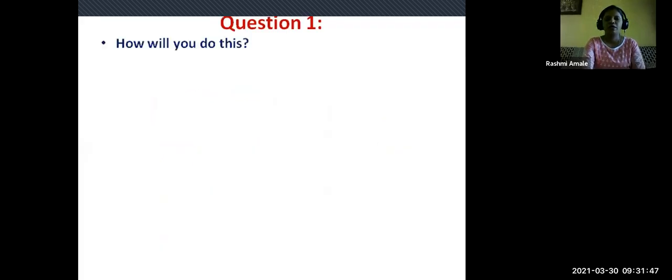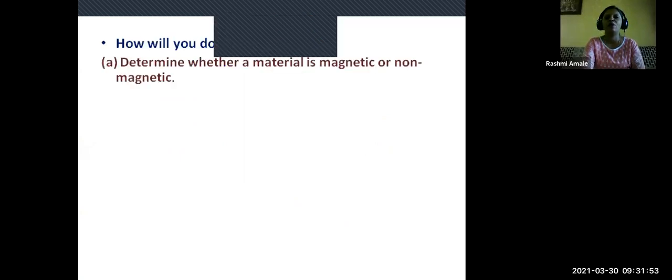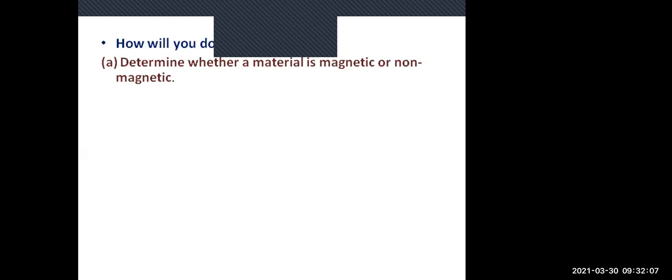Question number 1: Determine whether a material is magnetic or non-magnetic. Now tell me, children, how will you determine whether a material is magnetic or non-magnetic? Yes, with the help of a bar magnet.